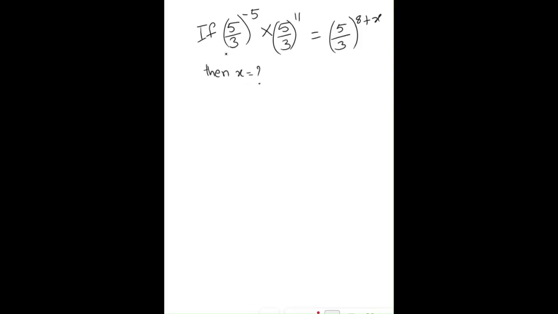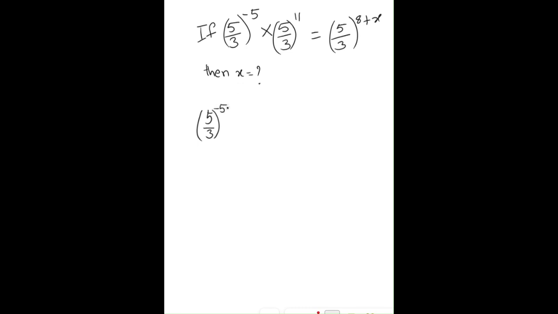Now to solve this, we will first see that there is a pattern, 5 by 3, 5 by 3, 5 by 3. Now first simplify this part. So simplifying the left hand side, we will get 5 by 3. We can merge these powers together. Whenever there is a multiply sign between the two numbers, their powers are going to be added.